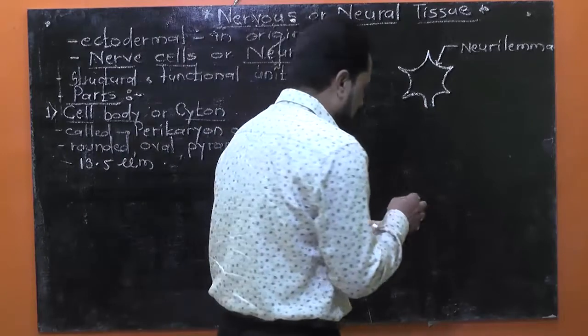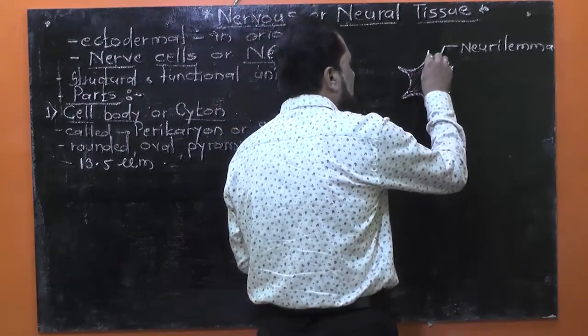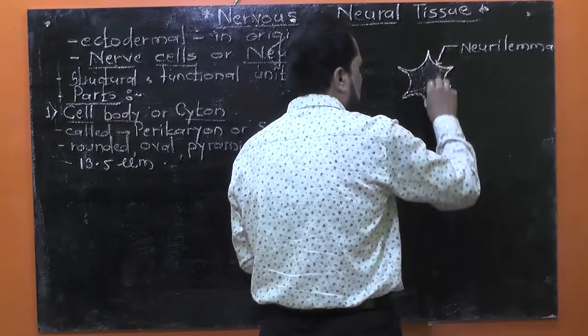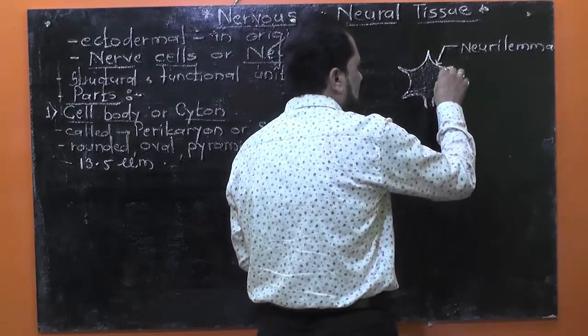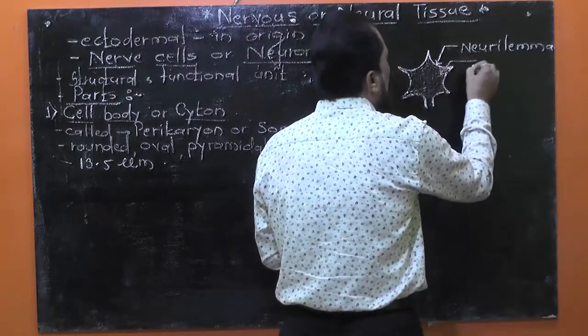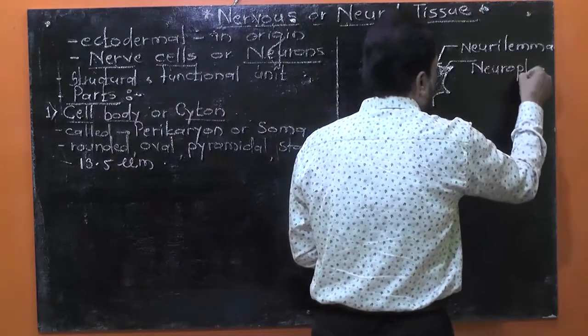And the cytoplasm enclosed by the cell body is known as neuroplasm. That is the cytoplasm of neuron.